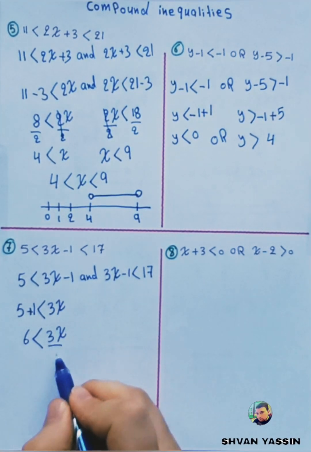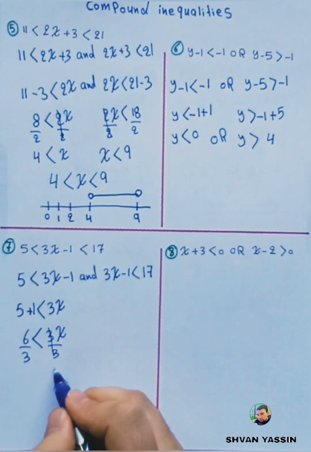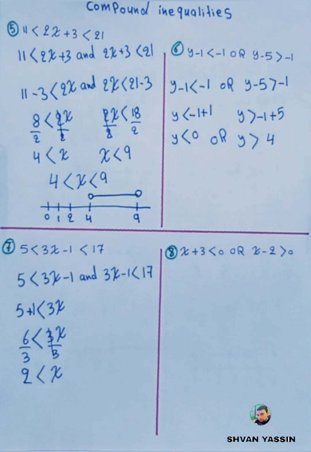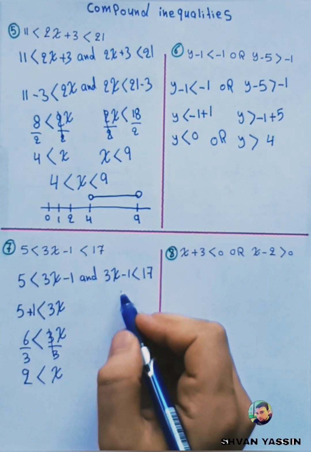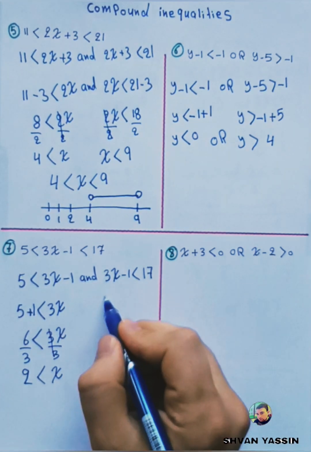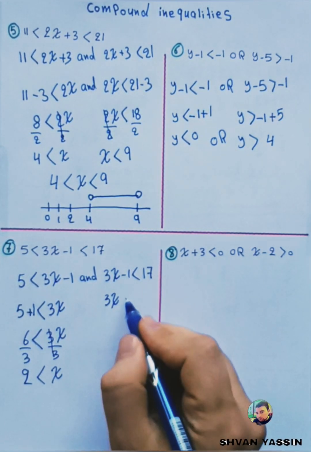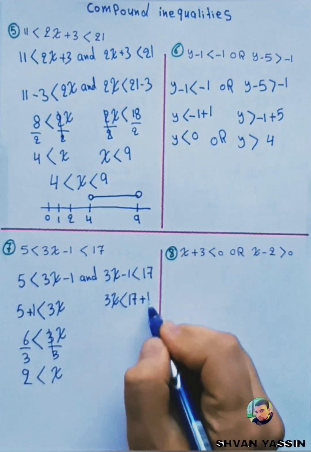After that, you have to divide both sides by 3. These two 3's are reduced. x stays. 6 divided by 3 equal to 2. And then we have the inequality on the right side. 3x, we can change the place of -1 into the right side. So we have +1.